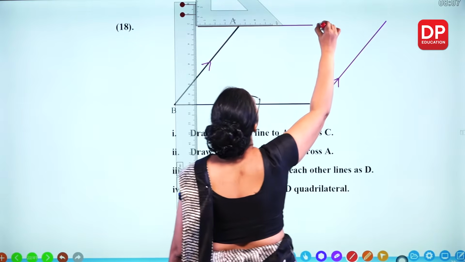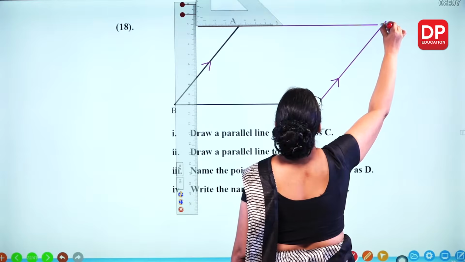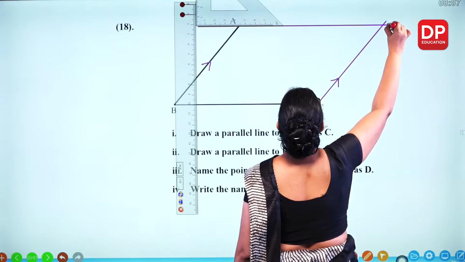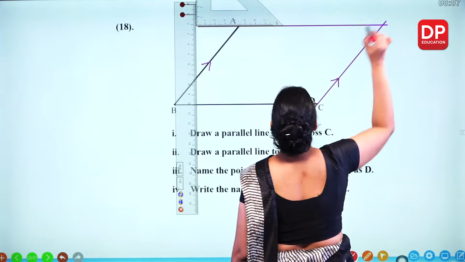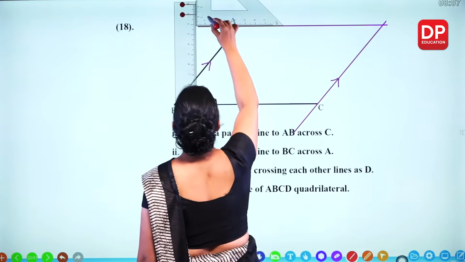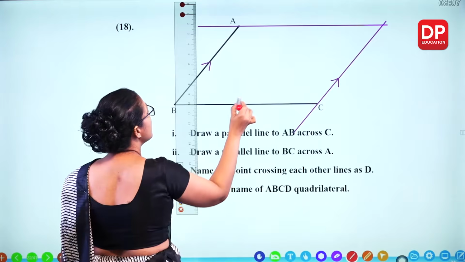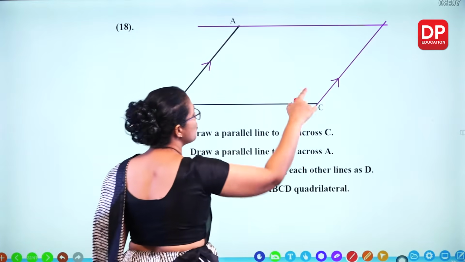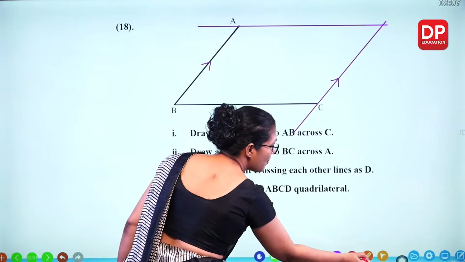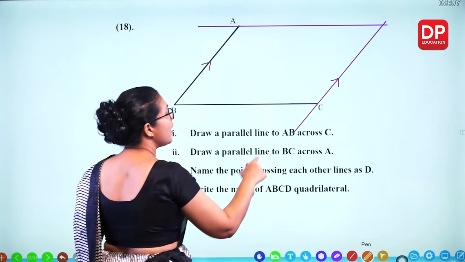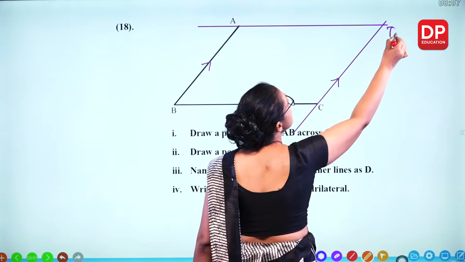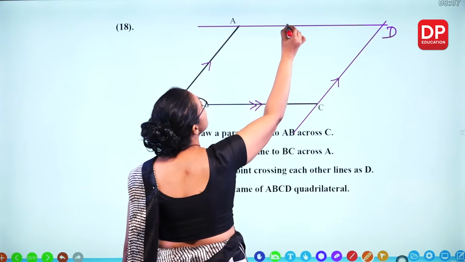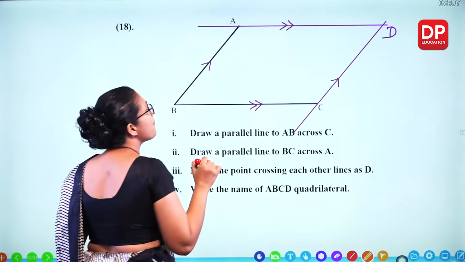Now you need to take a big line. Use the ruler to do that because you need an intersecting point. Now we can see there's a point where these two lines meet. What's the point? That point is D. Now we can see this line is parallel to this one.